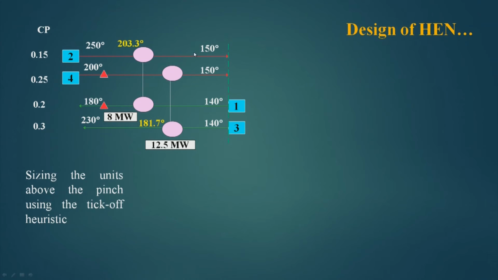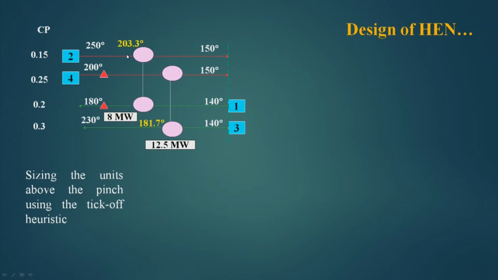Now, if I consider this as an output temperature from this, then the input temperature of this will be 203.3 degree centigrade. I can do the back calculation. Now, as this stream is ticked off and as this stream is ticked off, I do not have to bother about these 2 streams.